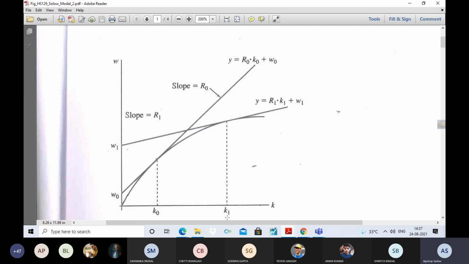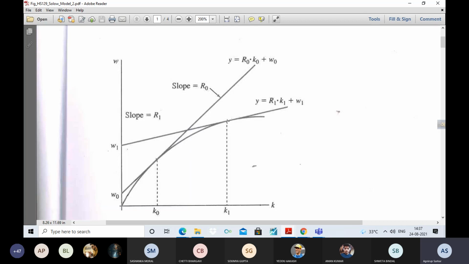Now this particular figure shows two values, K0 and K1. The income functions at these two values are given by straight lines, as you can see, that are tangent to Fk at K0 and K1. This is one point of tangency, this is the other point of tangency.